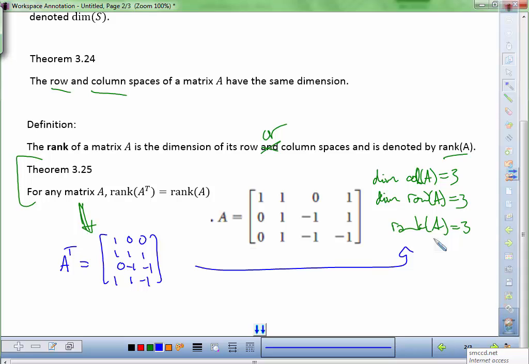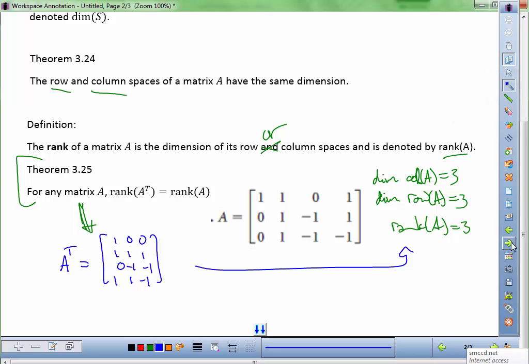The column space would still be 3, the row space would still be 3, and therefore the rank is equal to 3, because they have the same rank. And we won't prove it, but if we just imagine row reducing this, you guys can figure it out.